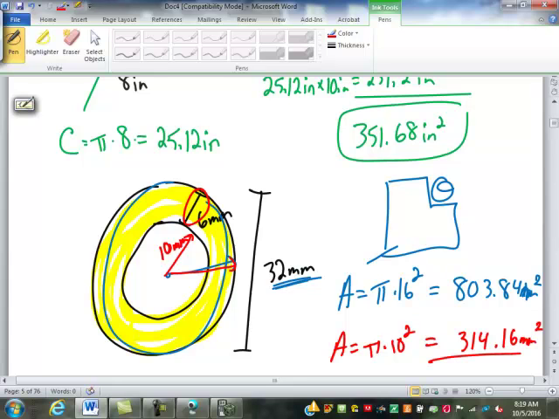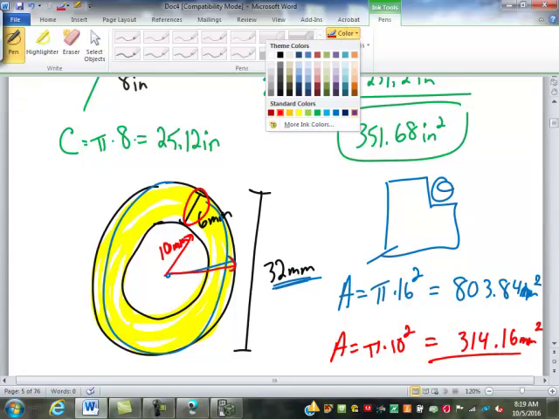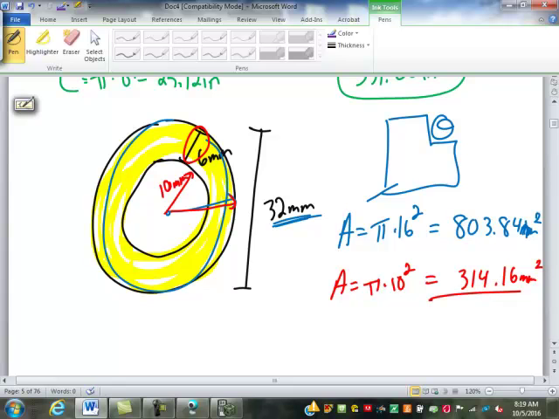If we're using 3.14, it's just 314, of course. We subtract to get 489.68 millimeters squared. Is that area? What do you think? Good stuff? Okay.